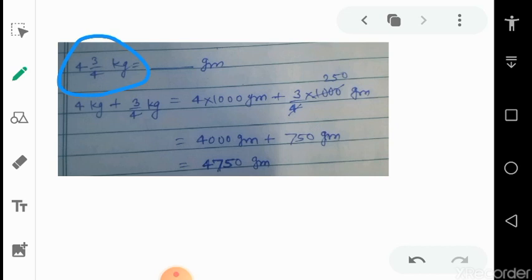But see the answer carefully, it is 4750 gram. The gram is a smaller unit than kilogram, but the value is very high. As the magnitude is very high, it is 4750 gram. It doesn't mean that our answer is wrong. When the units are bigger, the magnitude is smaller, and when the units are smaller, the magnitude is bigger.